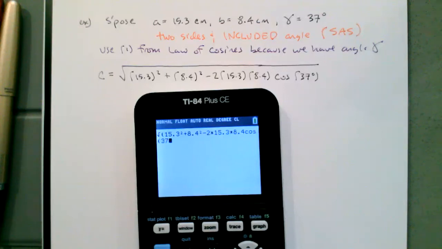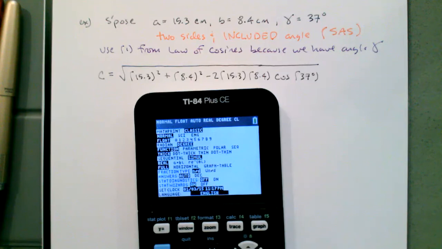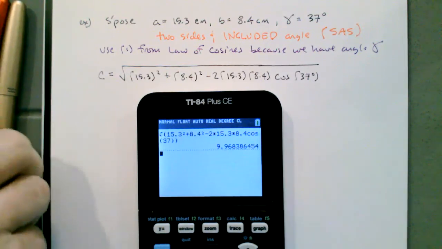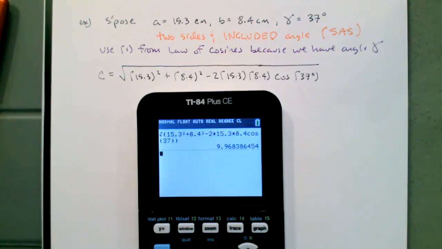Before I hit enter, make sure I'm in degrees. Okay, I'm in degrees. Close the cosine, close the radical, hit enter. And apparently side C is 9.97.